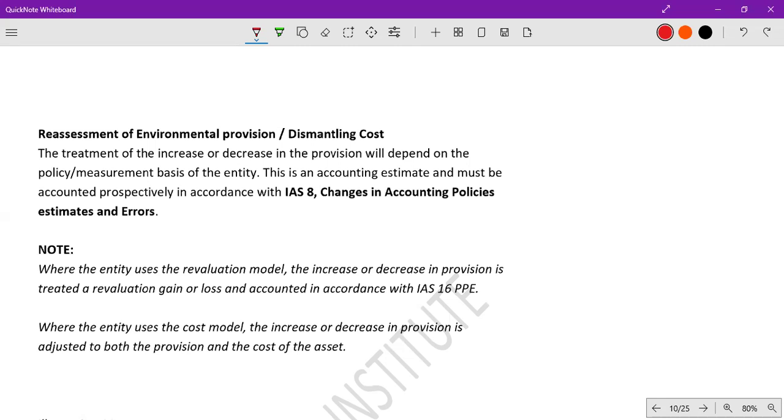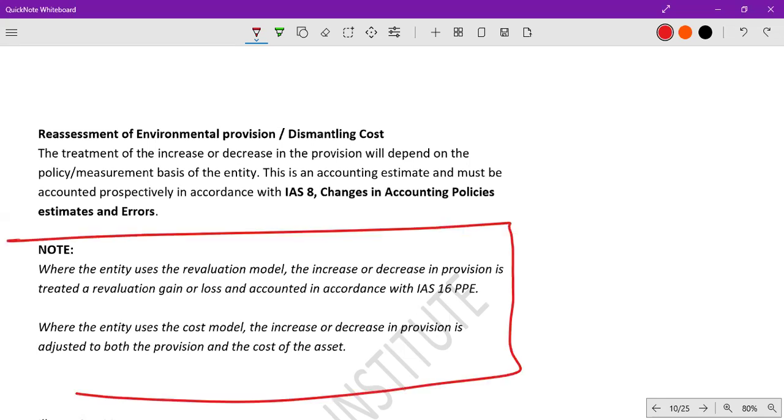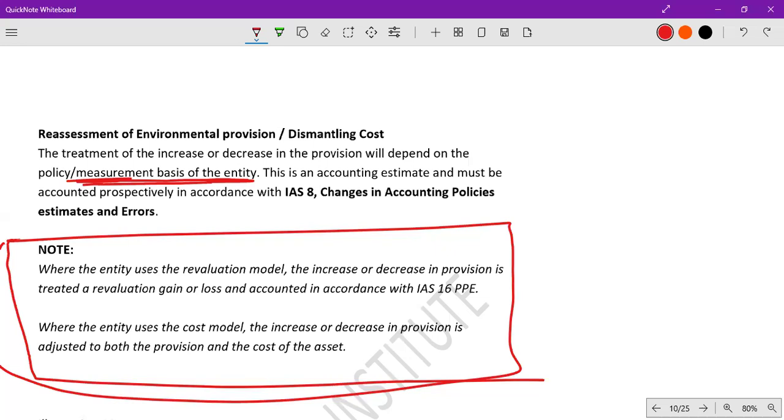This is all that you need to understand, and then your problem is solved. How do we measure these reassessments? It depends on the measurement basis of the entity, or the policy. Under PPE, we have two models: the revaluation model and the cost model. True or false?